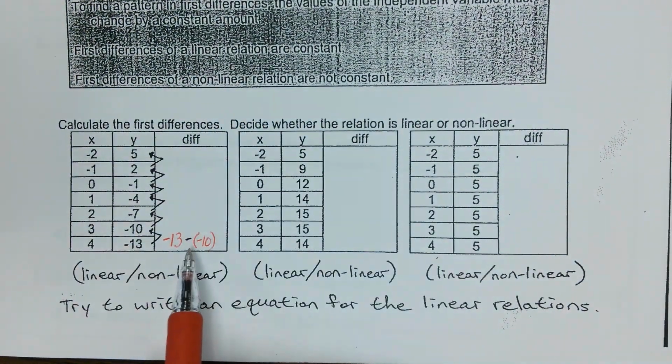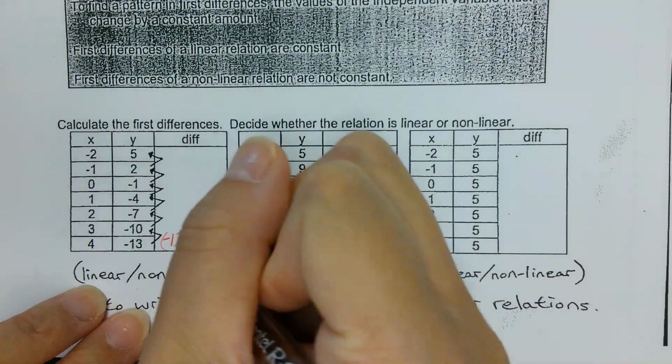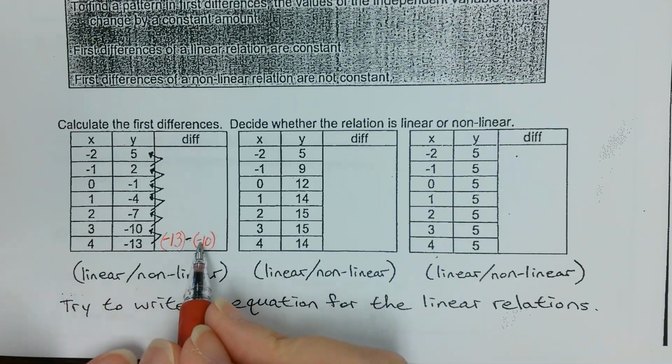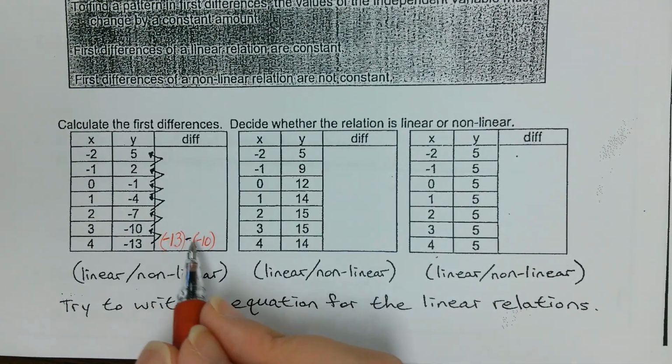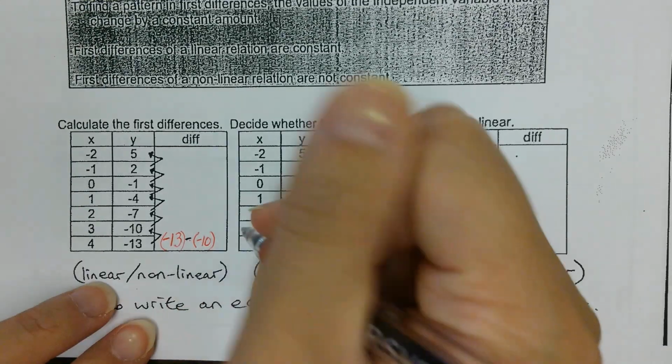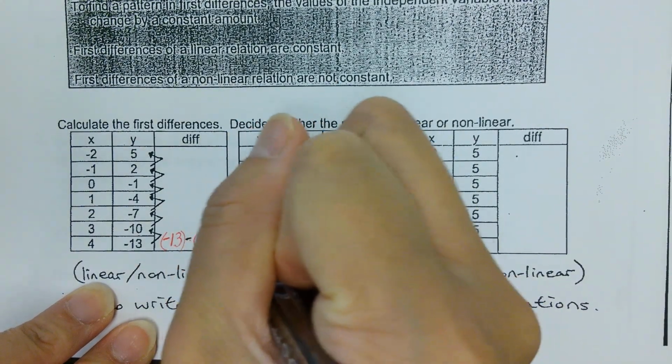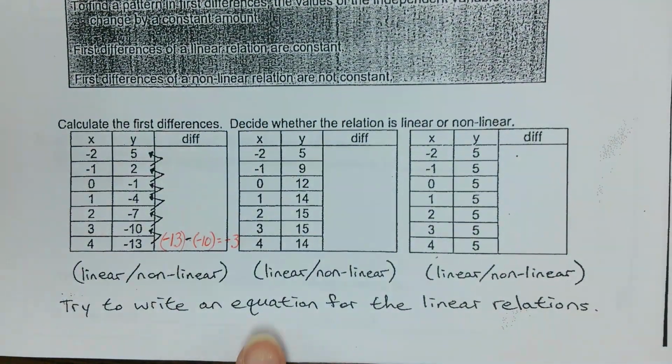Okay, what do you notice right here? Okay, the brackets, and also what about the sign? Two negatives make a positive. So this is now negative 13 plus 10, which gives you negative 3.